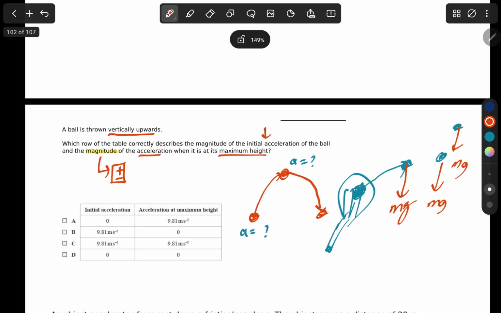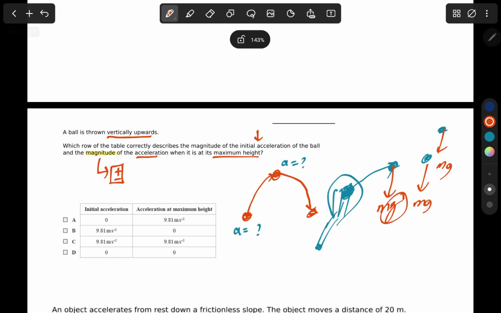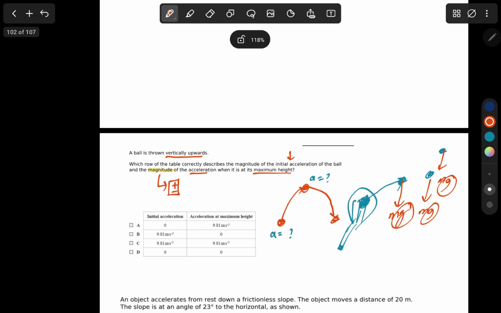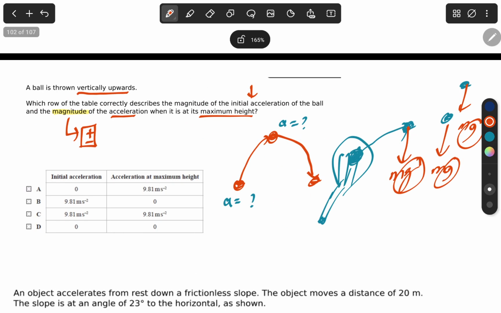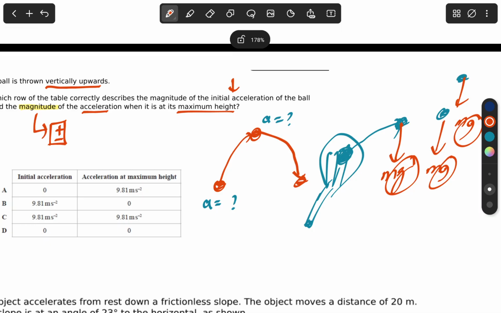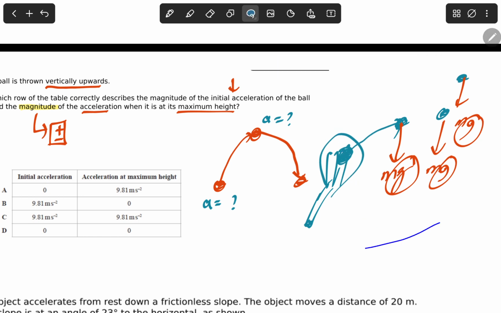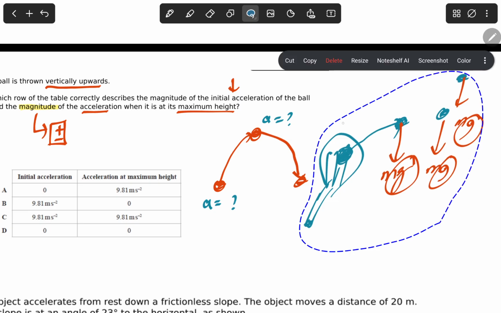Is there ever a point it does not experience this g force? There is no point. Every point that you throw the ball, it will experience a gravitational force, right? So every single moment there is gravitational force because you are on earth. If you are not on earth, there will be no gravitational force, right?